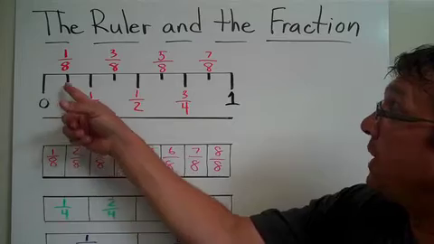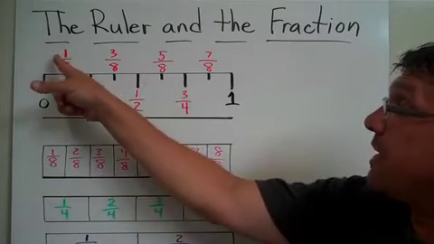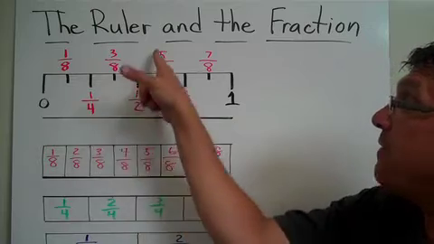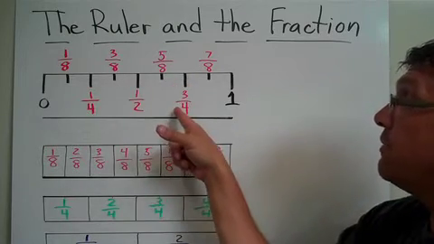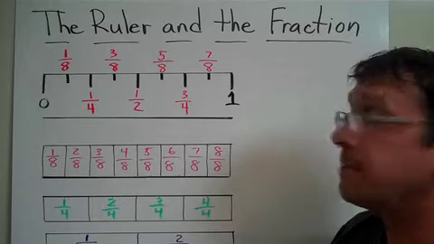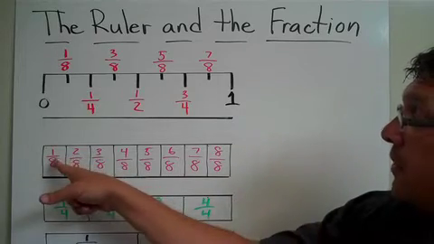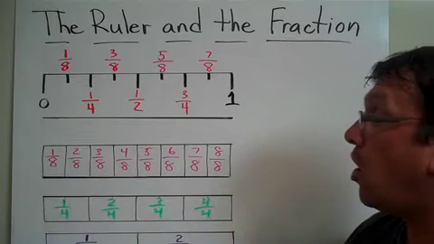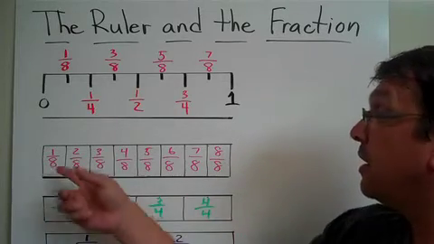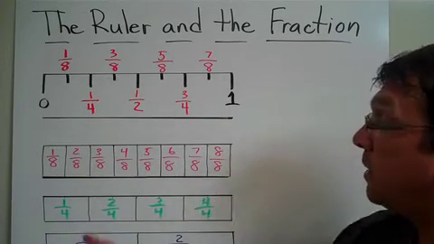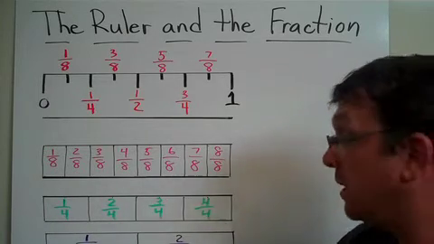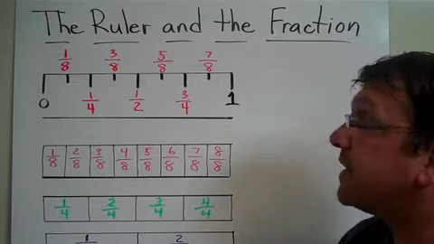So we have our ruler here, and as you can see I have it broken down into 1/8, 1/4, 3/8, 1/2, 5/8, 3/4, 7/8. If you look down here, here's our fraction bar that shows all 8 of our pieces, and they're numbered 1 through 8. Here's another fraction bar that shows the bar in fourths, and there's another one that's in halves.